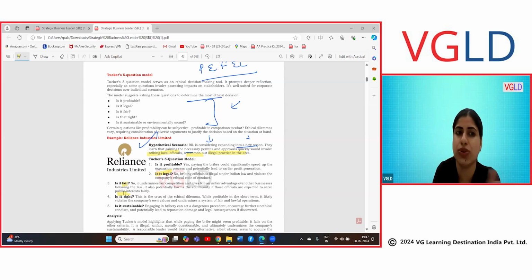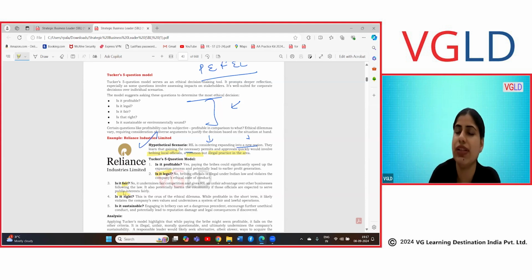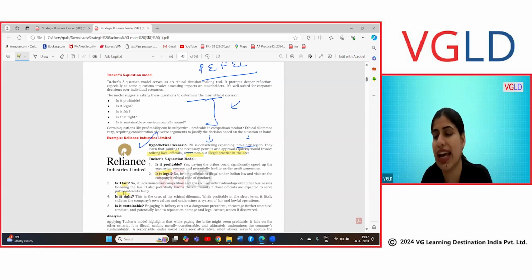Maybe there are certain students who will say it is sustainable because in the future the business will grow, that will give job opportunities for future employees. So again, it is sustainable. But on the other hand, someone will say if we are doing this, we will be doing the same thing in some other area as well, and illegal practice will be continuing. So you have multiple options. You just have to justify your answer in SBL. You got that idea?